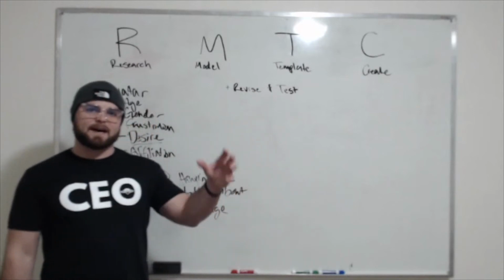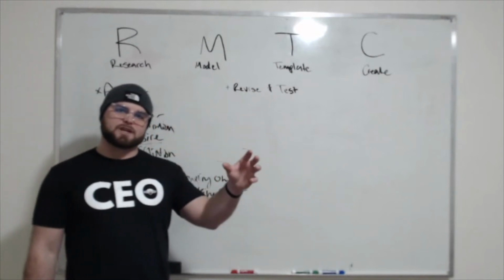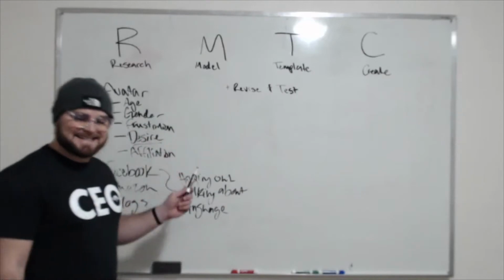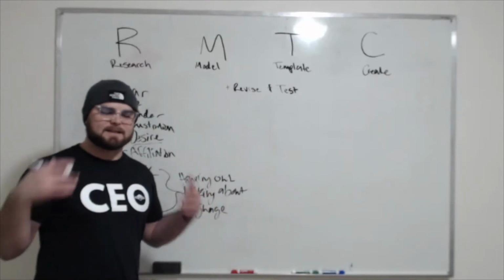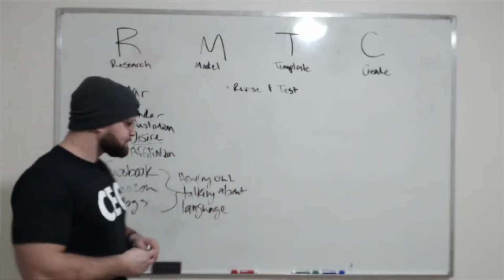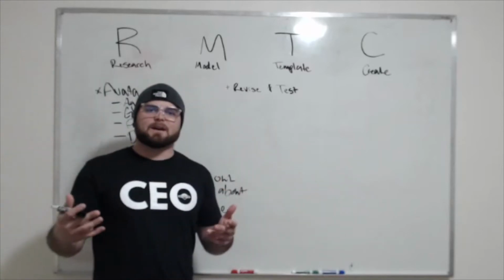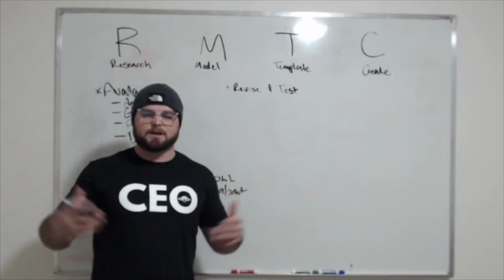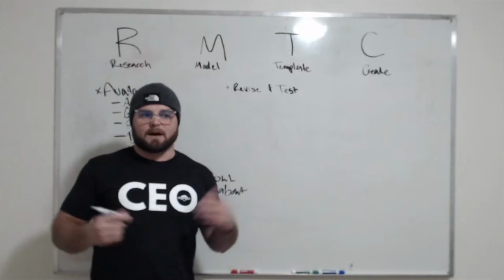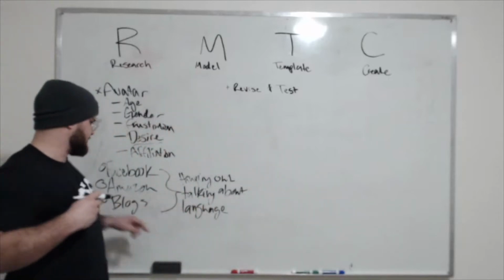Let's use keto as an example, because keto seems to be an easy one to make stuff up for. With keto, you may want to look at a book on keto on Amazon. So let's take Amazon for an example.